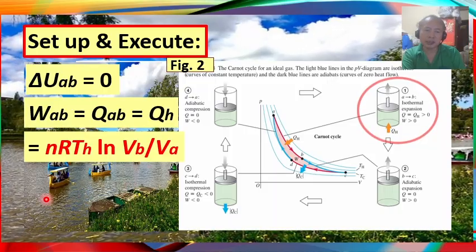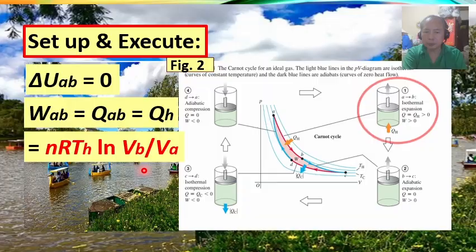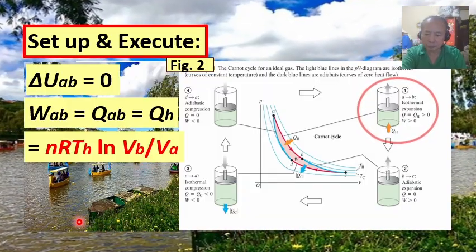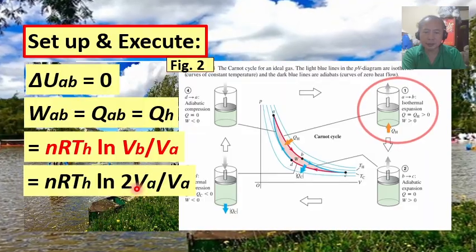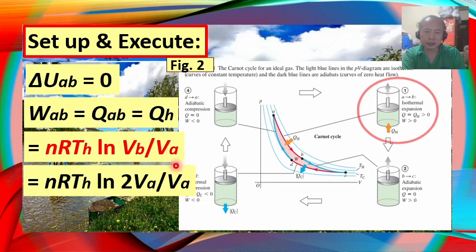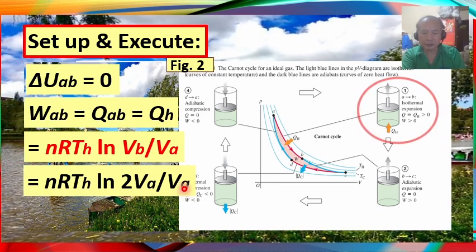And since we are given that the final volume is twice the value of the initial volume, if we substitute that here, we'll have 2 times V sub A, which tells us that V sub A can be cancelled.